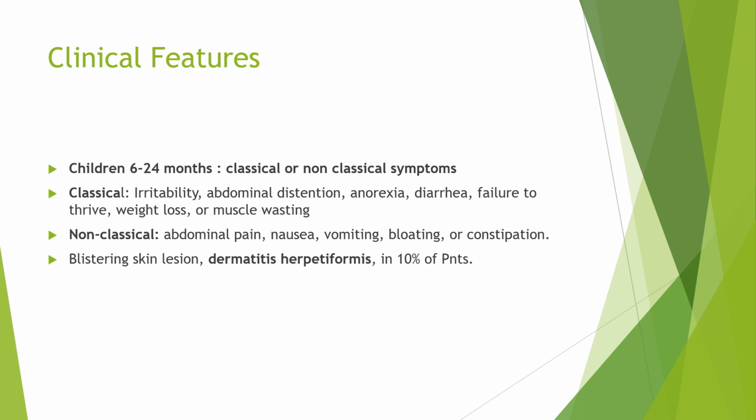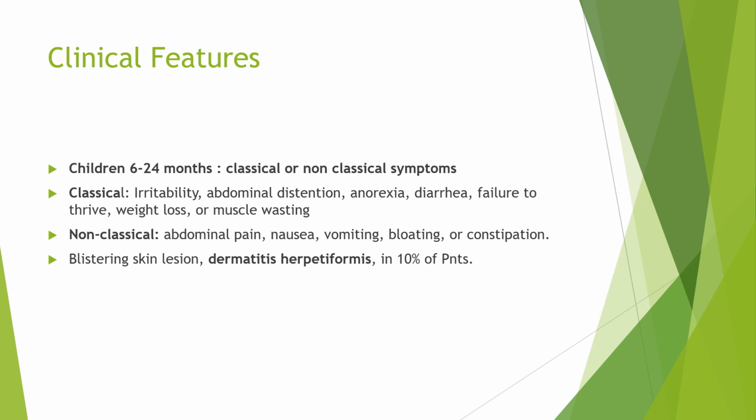So the symptoms can be classical or non-classical. The classical symptoms involve irritability, abdominal distension, gaseous distension, anorexia, loss of appetite, and diarrhea, which is very important. Because it's a malabsorptive disease, there is failure to thrive and failure to gain weight, failure of growth of the child, with weight loss and muscle wasting.